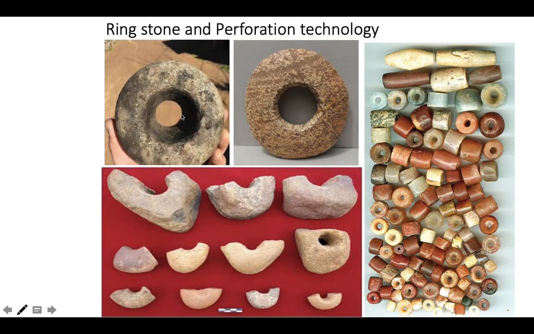This could be used as an agricultural tool, could be used for making fire, or could be used as a weight. We really don't know much about the function of the ring stones, but they are very common.